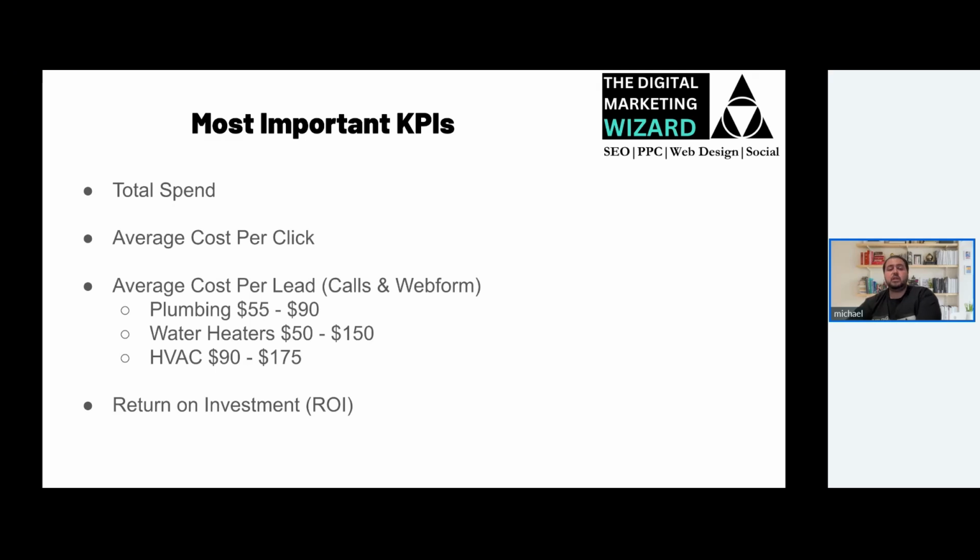The lower numbers here, the 50 and 90, are for somewhere that's not one of the big major cities, or somewhere that's not generating a lot of results. The higher costs, the 90, the 150, the 175, are something you're going to see in some of the larger cities where you have larger competition.